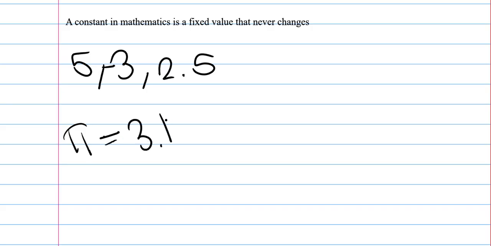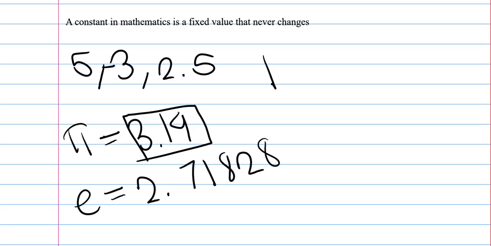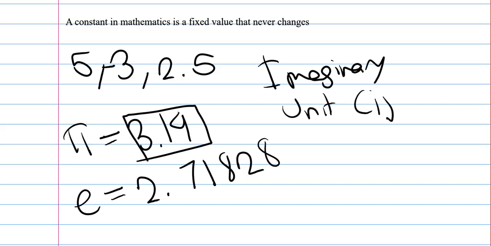The value of pi is 3.14, and it doesn't change no matter what. Another example is Euler's number, with the constant value 2.71828. Another example is the imaginary unit, i.